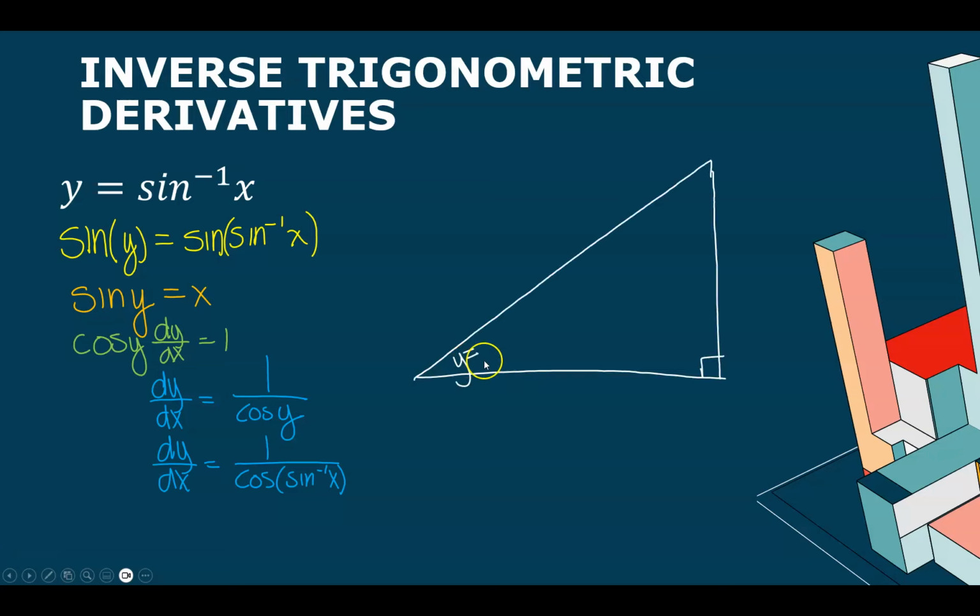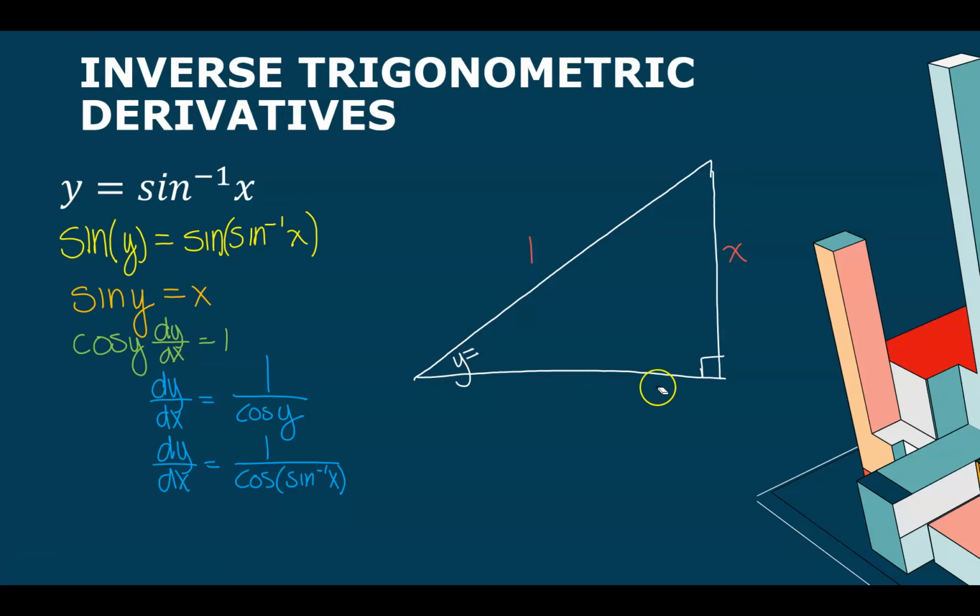So here's our triangle, here's our angle, y equals, and maybe we'll just call it inverse sine of x for a moment, although it doesn't matter, because this orange line says if you take sine of y, you're going to get the ratio x, which doesn't feel like a ratio, so let's just call it x over 1. Well, let's try it. What's sine of the angle y? X over 1, or just x. So we have the correct triangle, but we need to take cosine of this angle y.